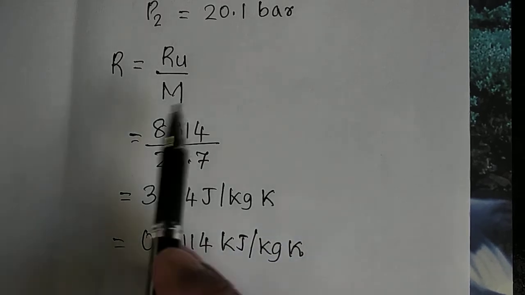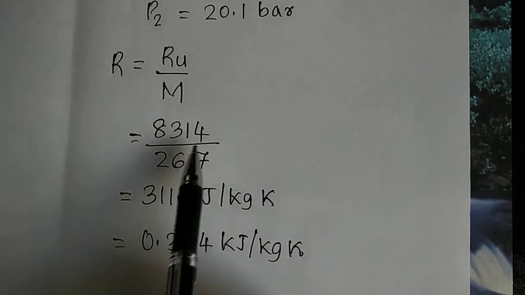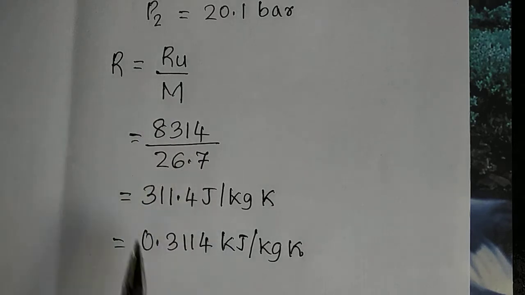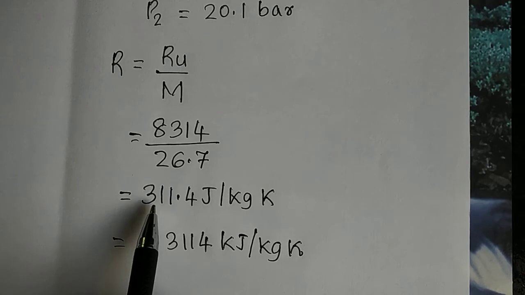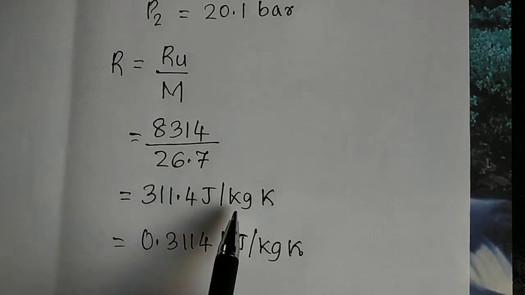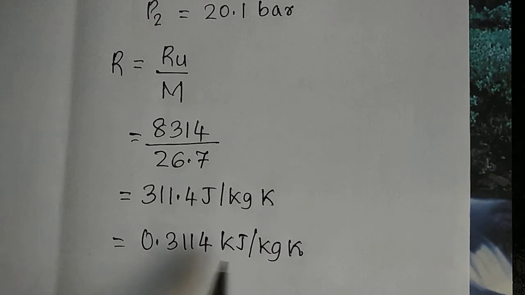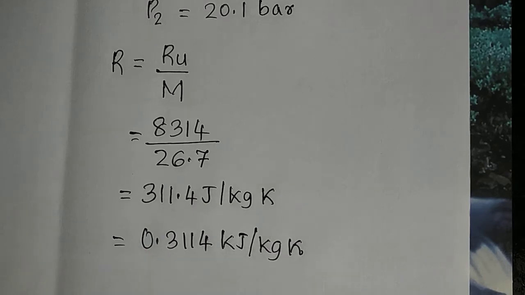So I repeat, Ru is 8314 divided by M, 26.7, so you get the answer as 311.4 joules per kg Kelvin.